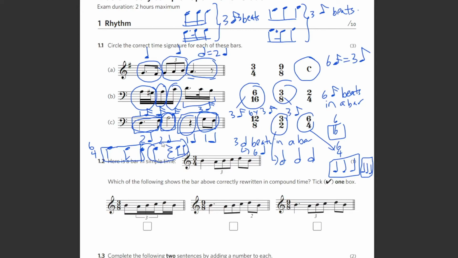But because this note here is a minim, and is not split into 2 crotchets and a tie, we know that it is not 6/4 time. So therefore the answer for this question is 3/2 time because of the grouping.